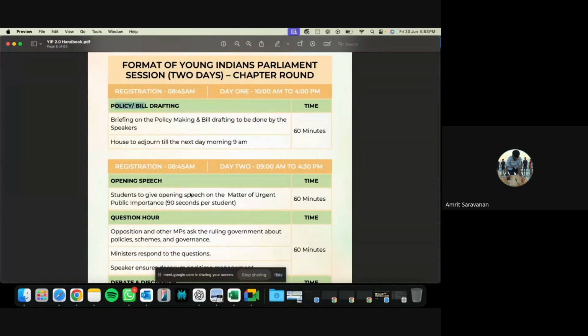Then comes day two. We start day two with the opening speech again, which we had on day one. The students who haven't spoken on day one will get time to speak on day two.